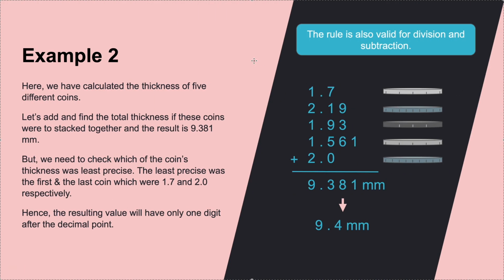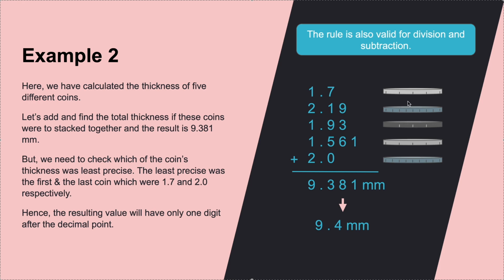In the second example, we are trying to calculate the total width of the coins if the coins were stacked up together. Here, the widths of the coins are measured by instruments of varying precision.